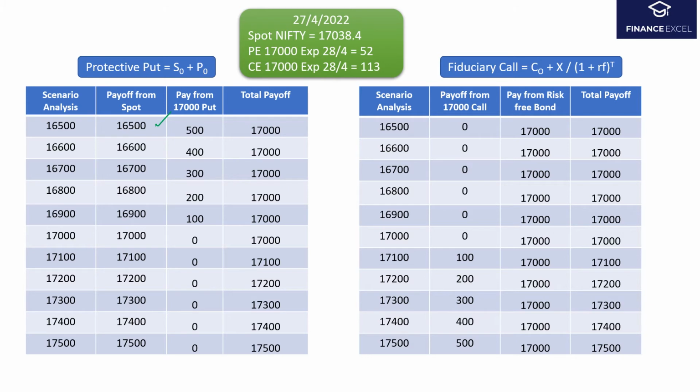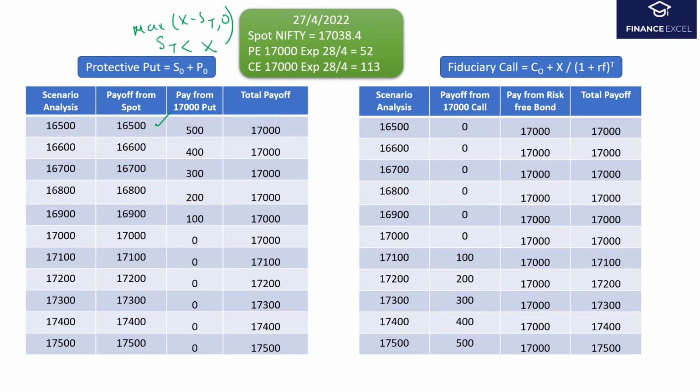And we know that guys, the payoff of the put option at expiry is nothing but max of X minus ST comma 0. That basically means that we will only exercise the put if the price of the spot asset is less than the exercise price of 17,000.